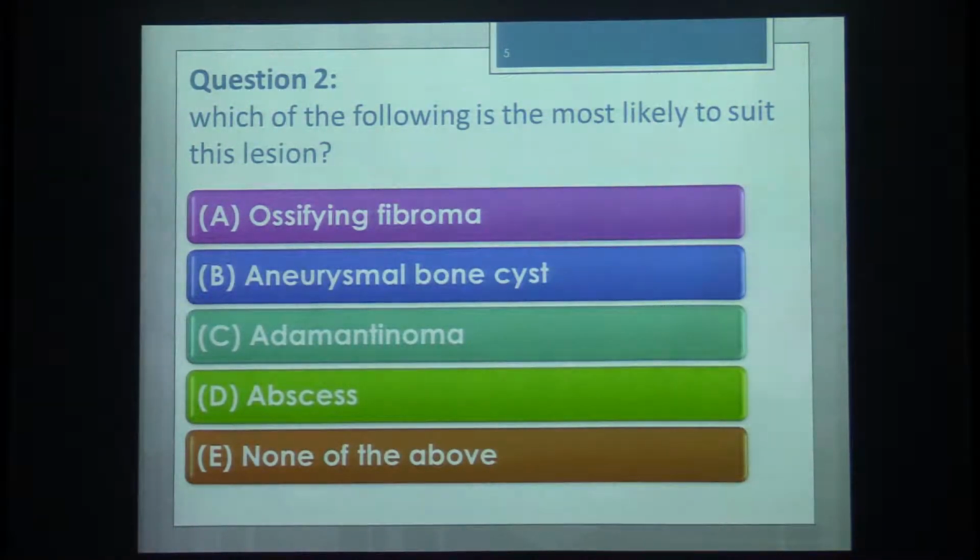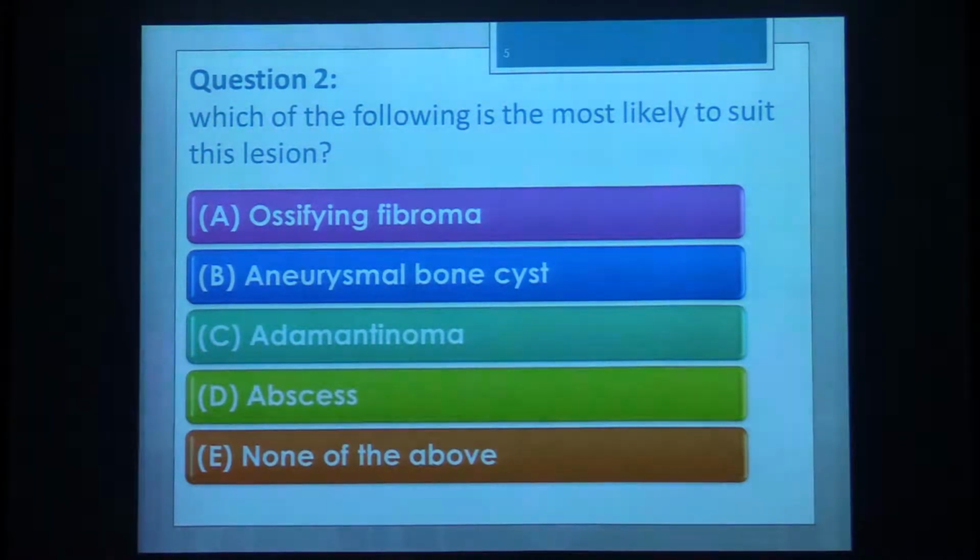Ossifying fibroma and adamantinoma are in the running because both can be in the diaphysis of the tibia, but ossifying fibroma usually presents at a younger age group, typically 10 to 20 years old. And adamantinoma is usually multilocular. It can be locally aggressive with ill-defined borders and sometimes with periostitis, which is not the case here.